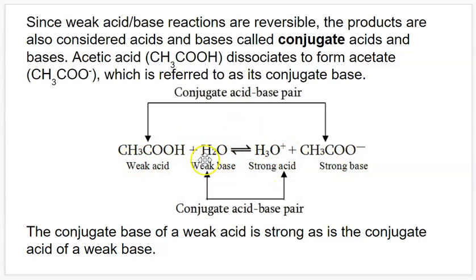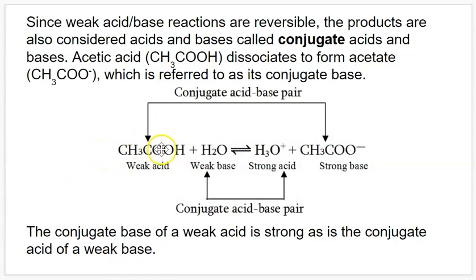And the water molecule here, the H2O, which was taking that hydrogen ion, which was accepting it, like a Bronsted-Lowry base, that's going to have a corresponding acid on the other side when we have H3O plus that is likely to give up its hydrogen ion to acetate to do the backwards reaction.